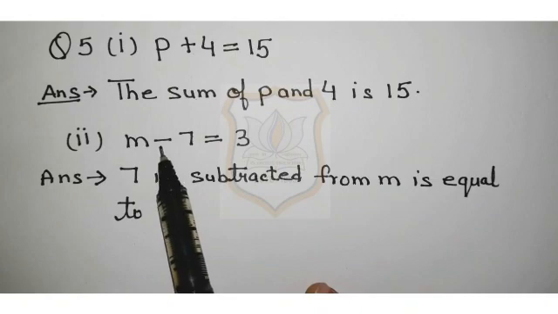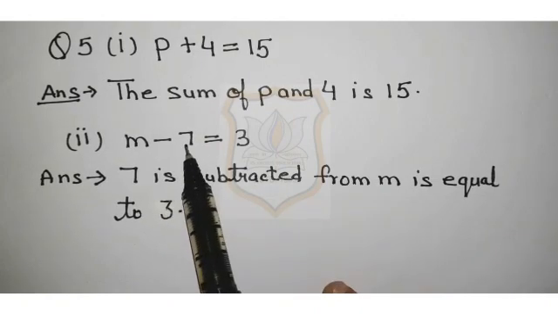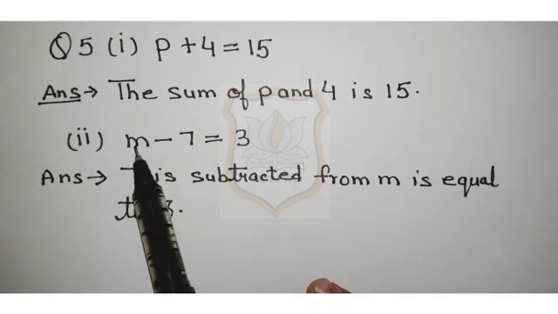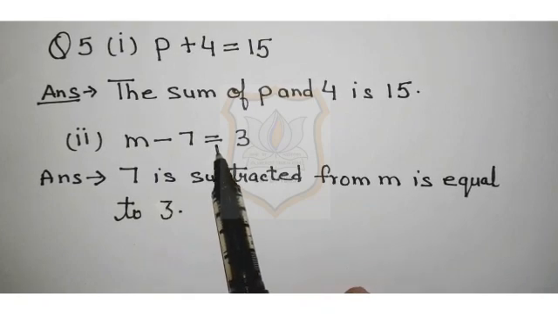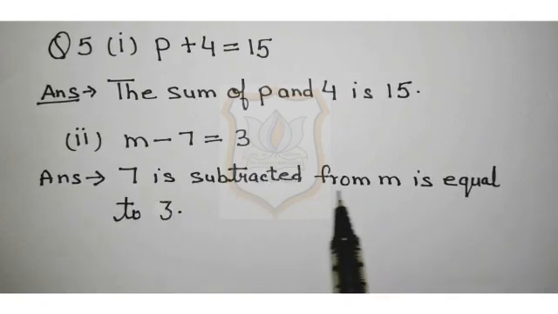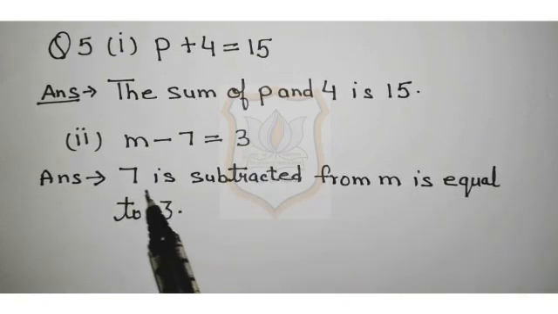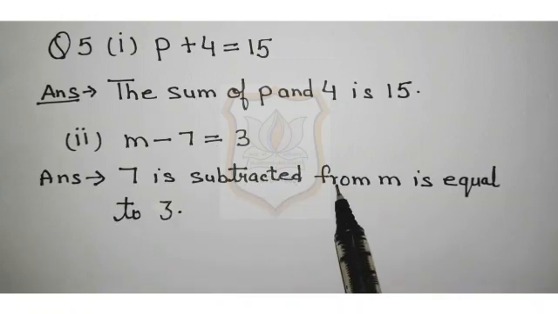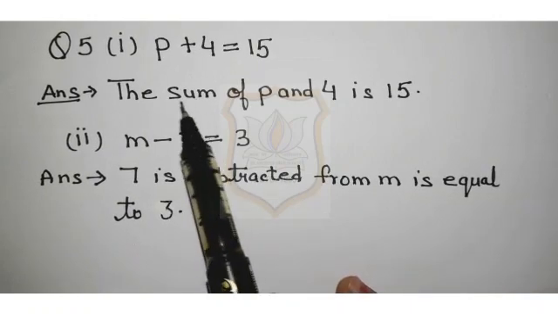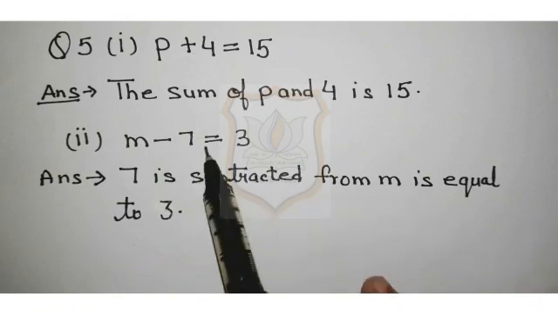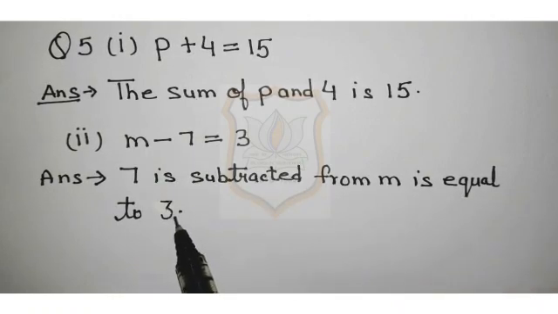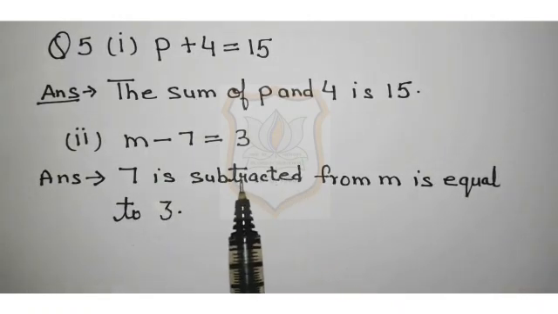Minus means subtracted. It means 7 is subtracted from m is equal to 3. In this way students you have to write the statements of the equations.